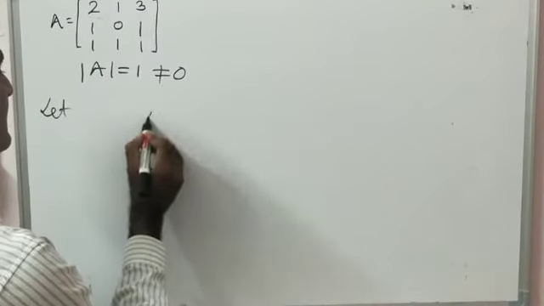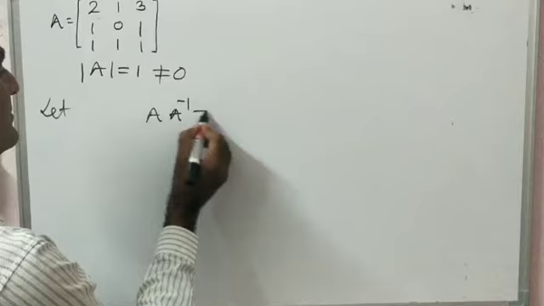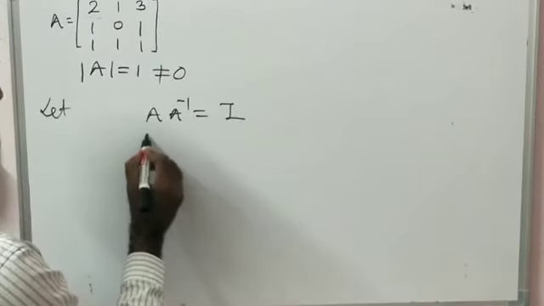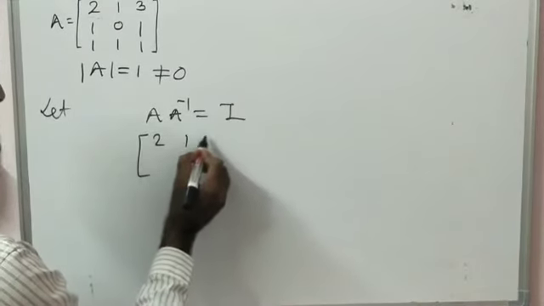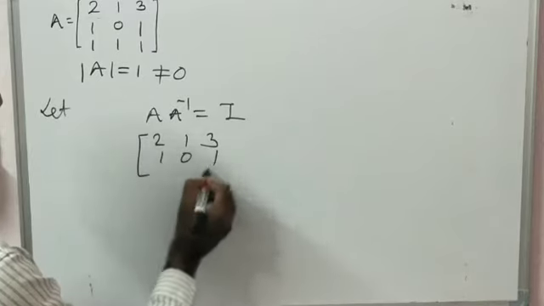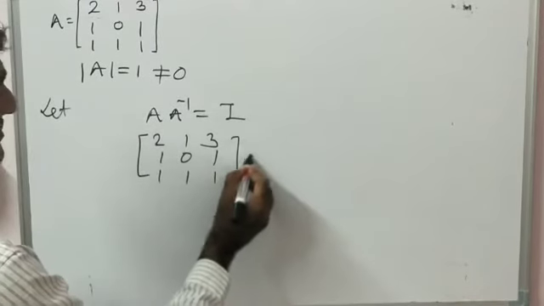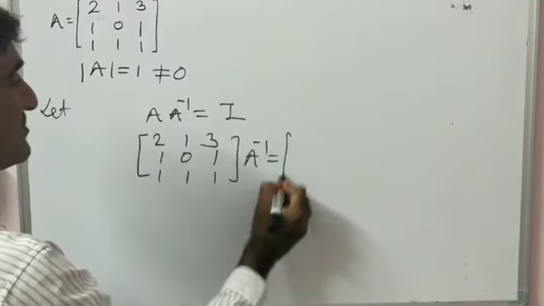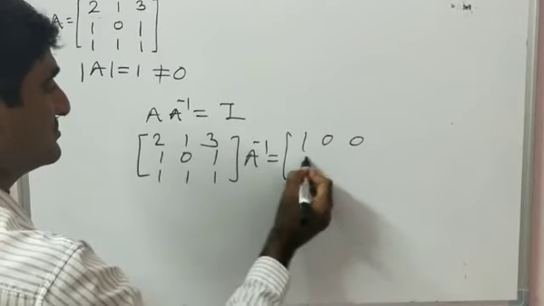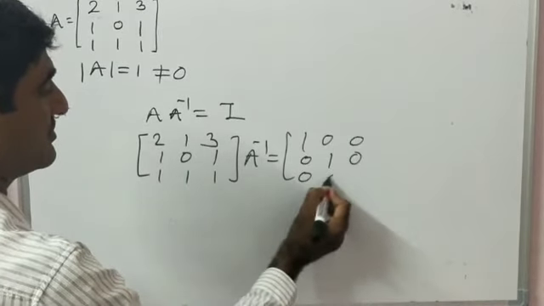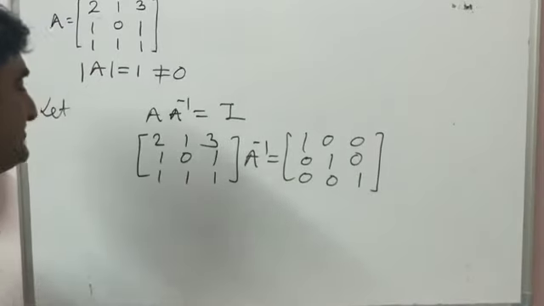Here A into A inverse is equal to I: the matrix 2 1 3, 1 0 1, 1 1 1 into A inverse equal to 1 0 0, 0 1 0, 0 0 1.